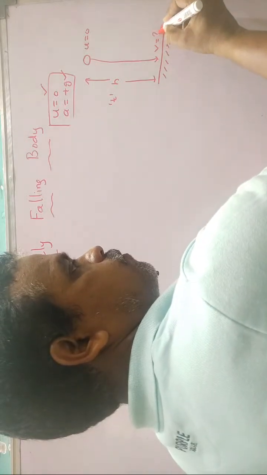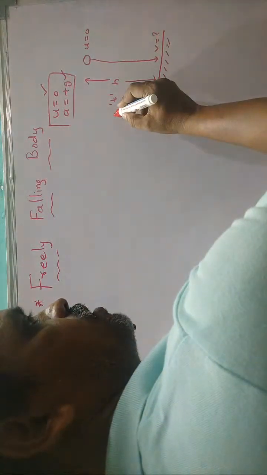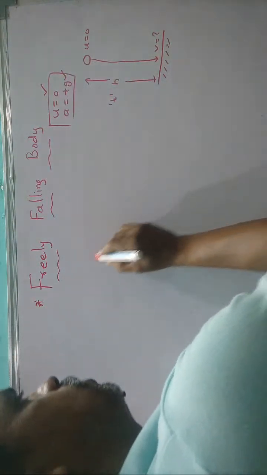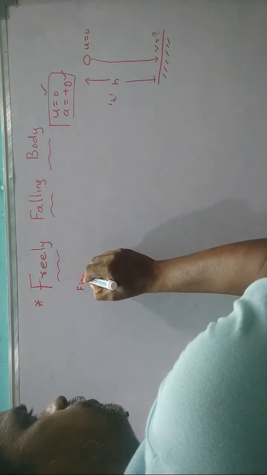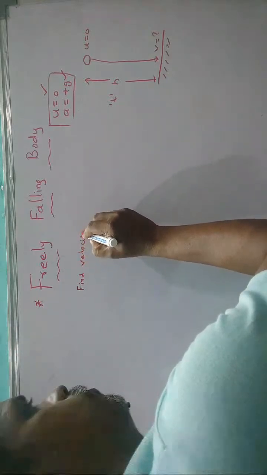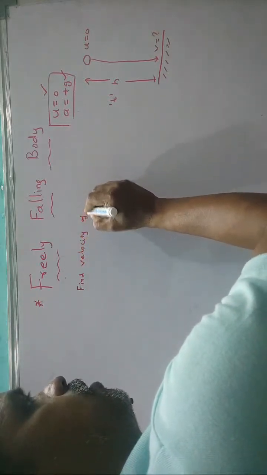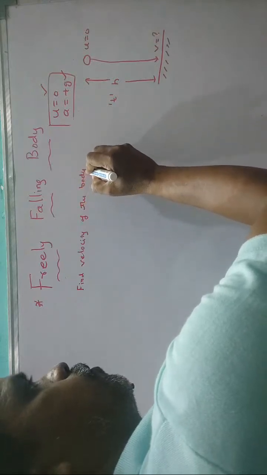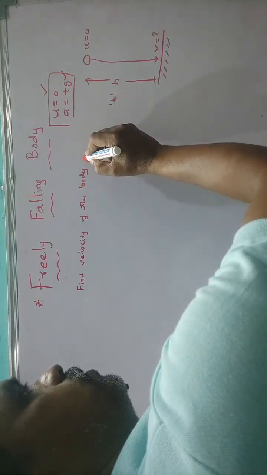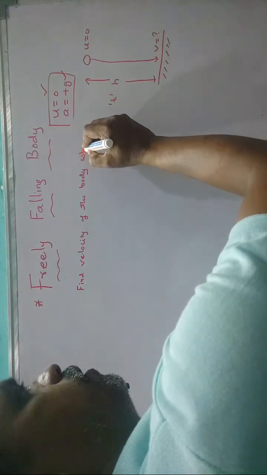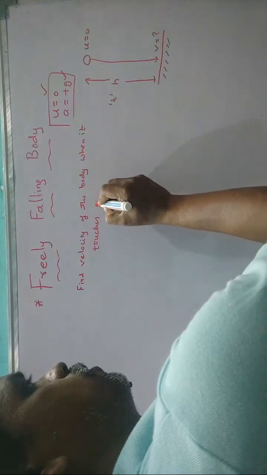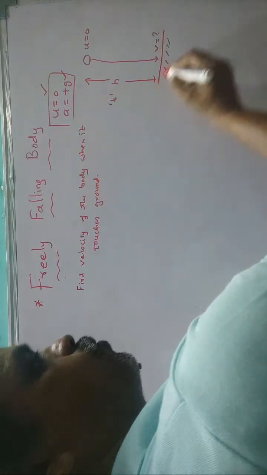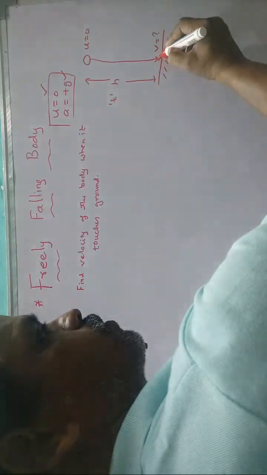What is the final velocity? So acceleration we already know, plus g. So we can apply for this one: the final velocity of the body when it touches the ground.